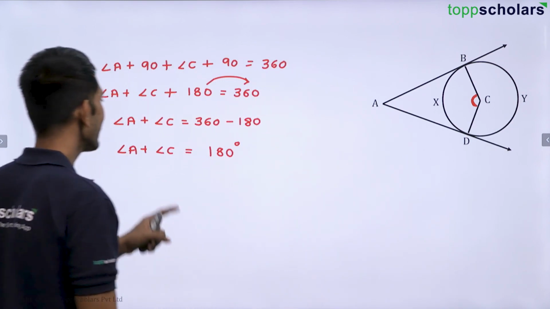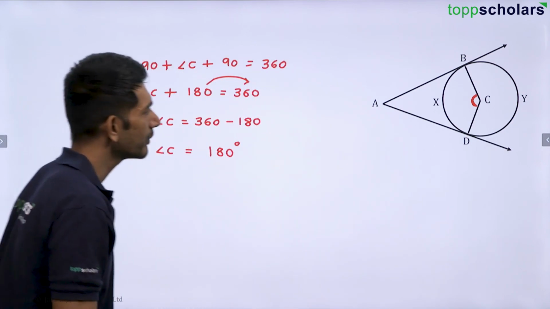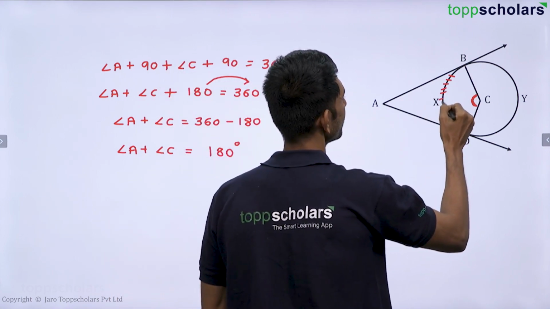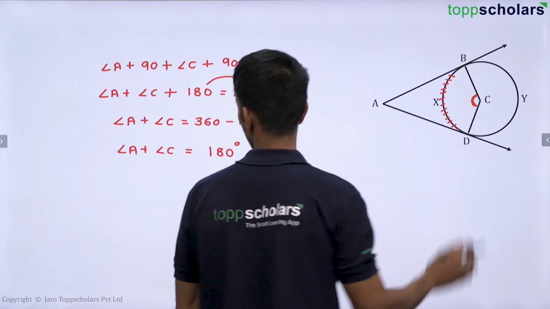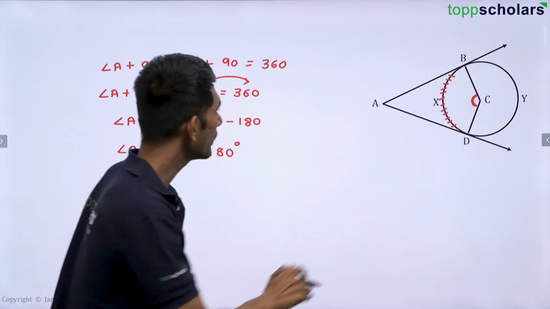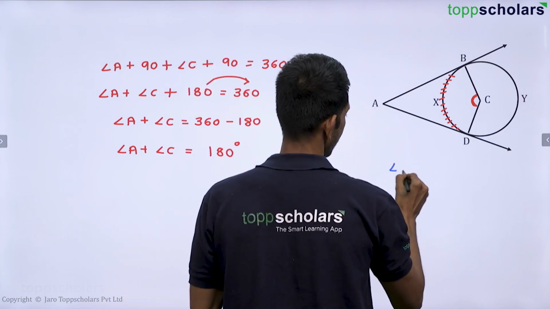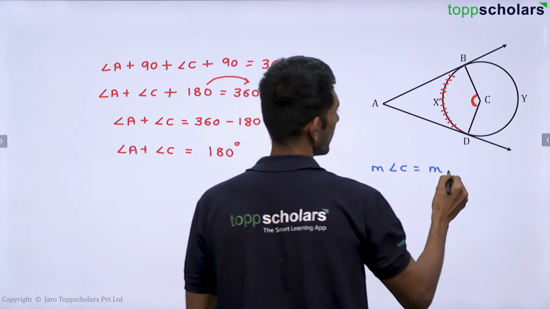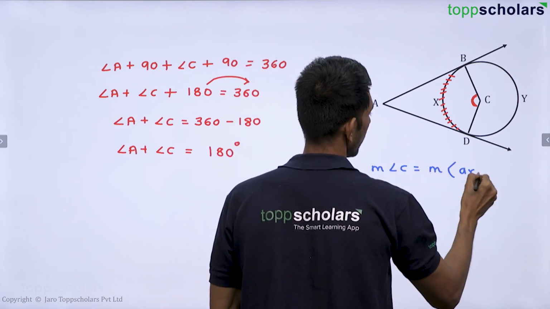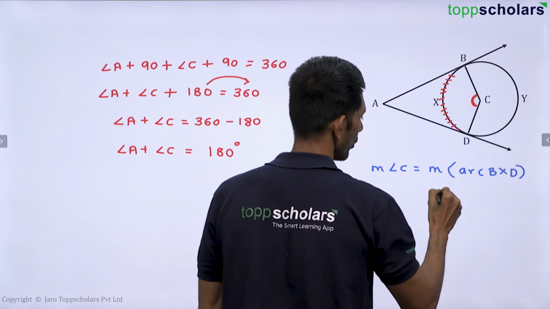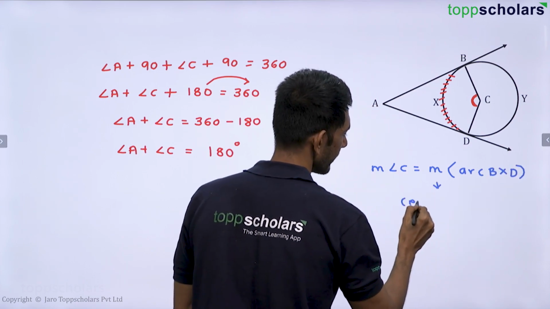Okay. Now see, angle C is this angle. So can I say this angle C is nothing but equal to BXD, correct? Angle C is nothing but BXD. We know that angle C is equal to, or I can say measure of angle C is equal to measure of arc BXD, because central angle, right?